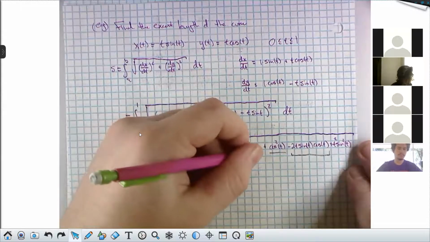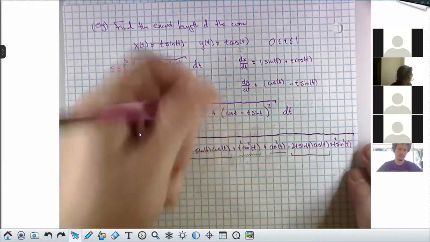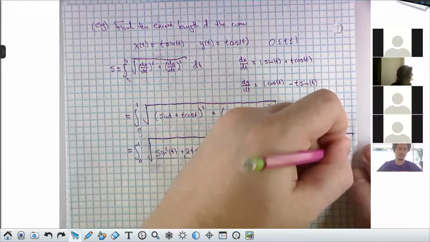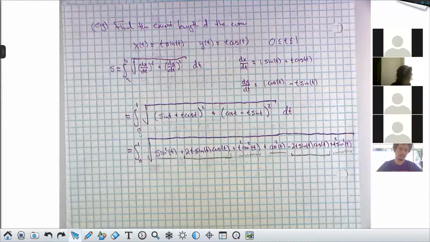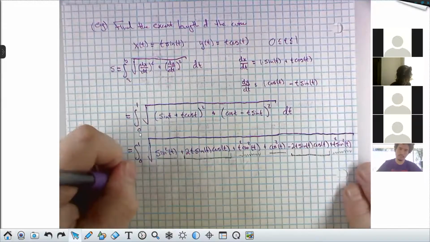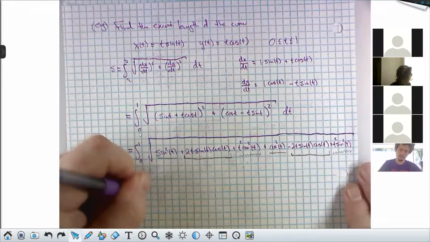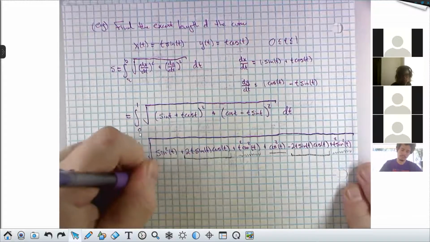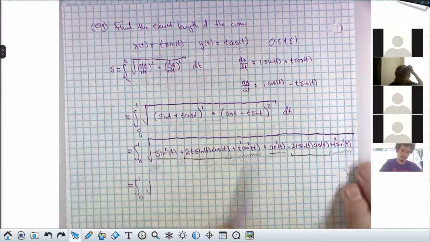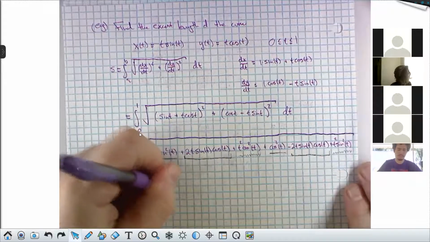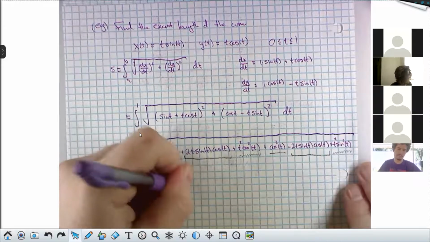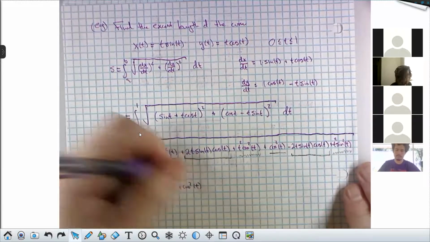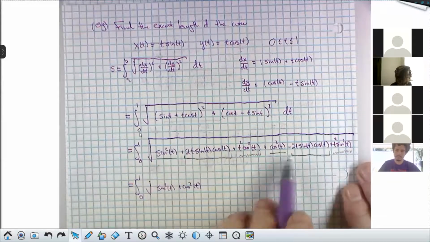And then I have a t squared cos squared t plus t squared sine squared t. So putting all the bits together, we get the integral from 0 to 1 of sine squared t plus cos squared t. The 2t sine t cos t's cancel perfectly.